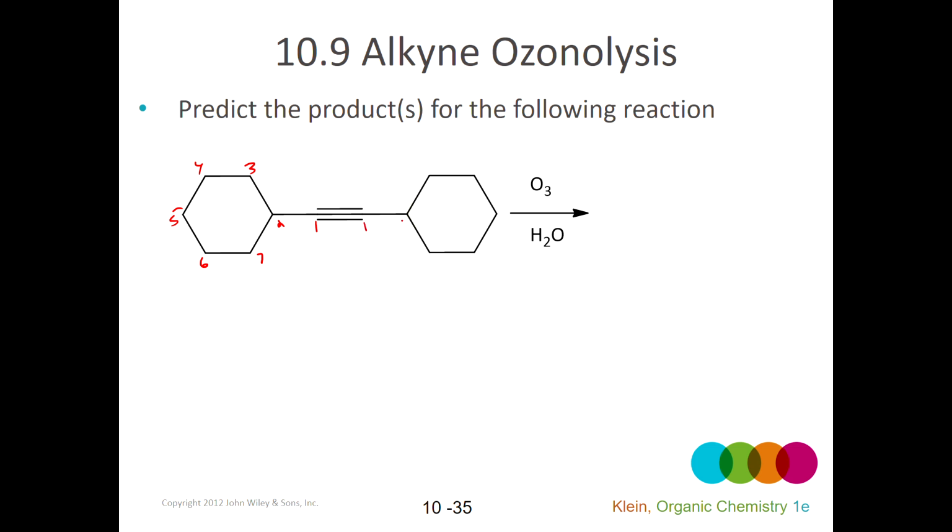So I'm just going to number these with the same numbers. And recognize that the ozone is going to split this right down the middle, right down the alkyne. And so what's going to be formed here is the same R group bonded to carbon 1.